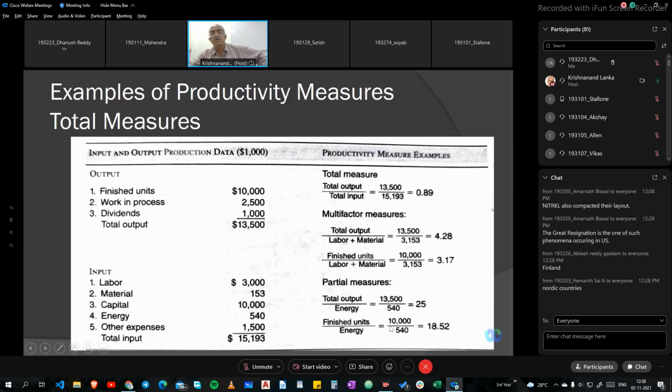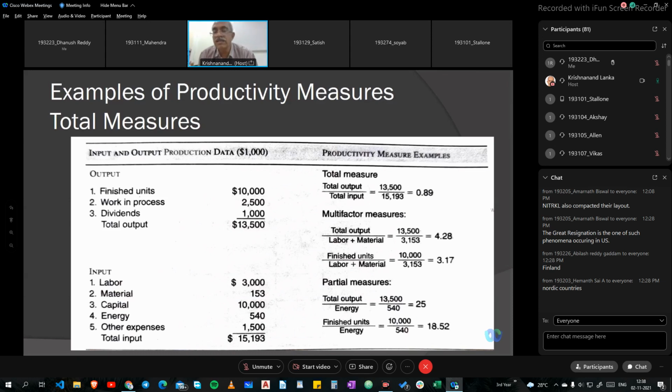Similarly, energy and finished units. He is getting on average $18.52 worth of finished units for every $1 investment in energy. So that is energy productivity. Then labor and material productivity. That is how you calculate either partial measures, say energy is a very important measure, so you go for a partial measure.